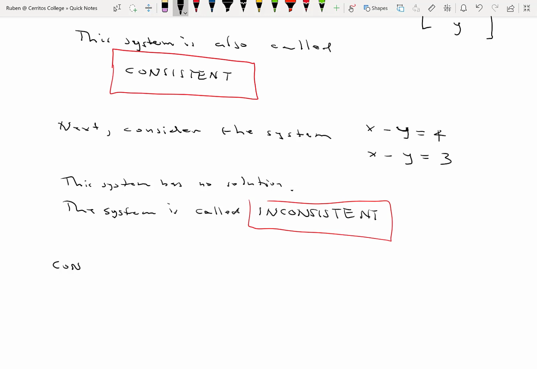So consistent systems have one solution, or infinitely many solutions.